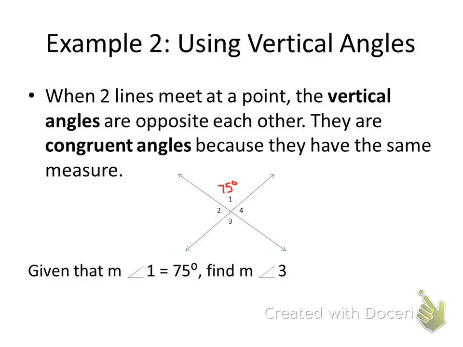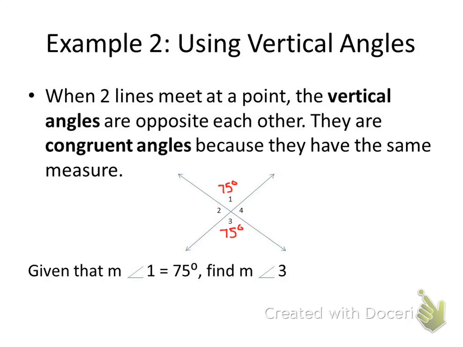When you subtract it by the complementary, Tyreek? 75 degrees. What did we just say in the definition? Vertical angles are congruent. If they're opposite each other and the two lines are really straight lines and they're intersecting, the vertical angles are congruent. So if angle 1 is 75, angle 3 is 75.